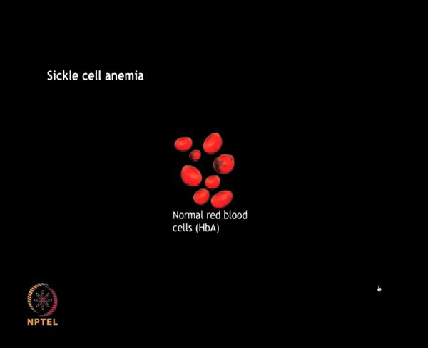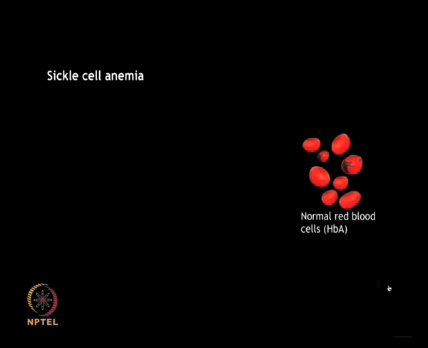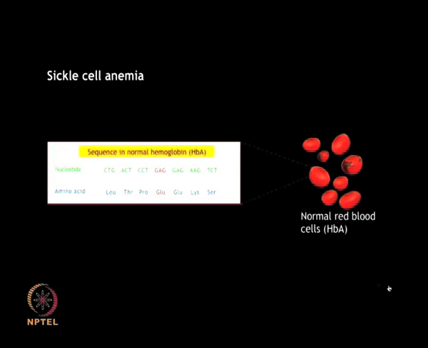A large number of mutations have been described in the globin gene. The mutation causing sickle cell anemia is a single nucleotide substitution of A to T in the codon for amino acid 6 of the beta chain.